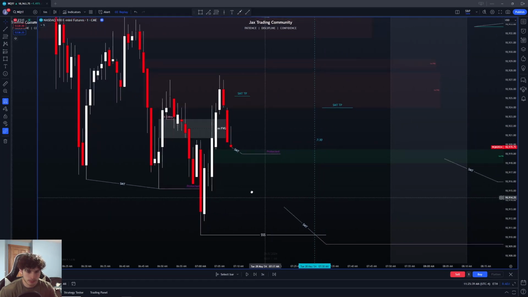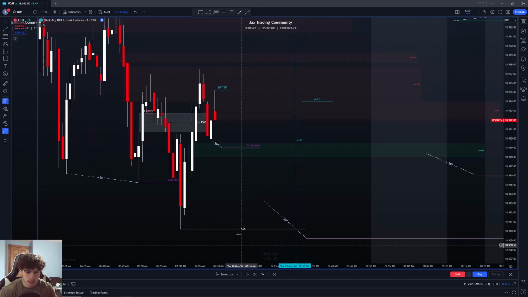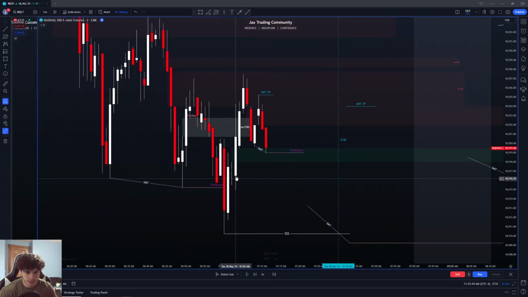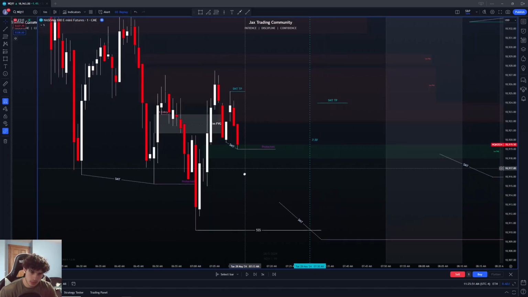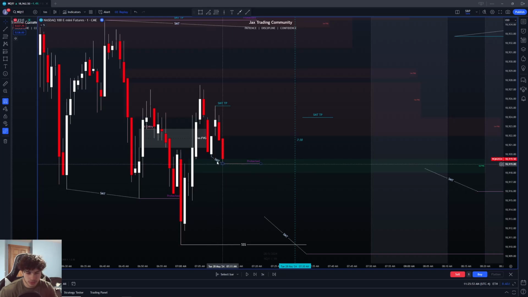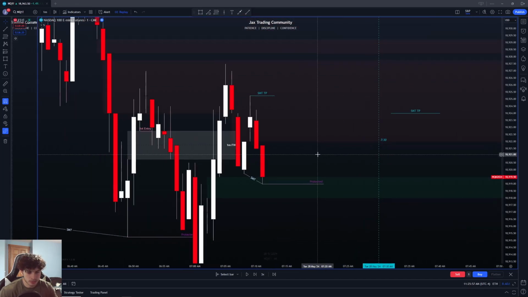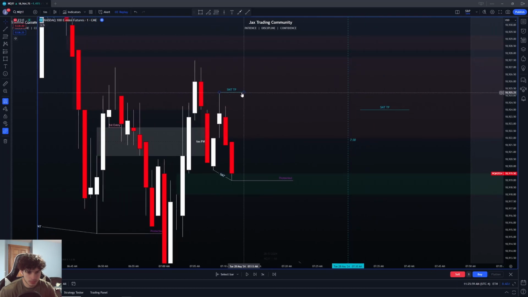So now we come up here and we form a little more structure. So we have a bullish move after this low gets taken. And then right here, we have an SMT created tapping into this fair value gap. So right here is a really small model, right? The SMT TP is up here.